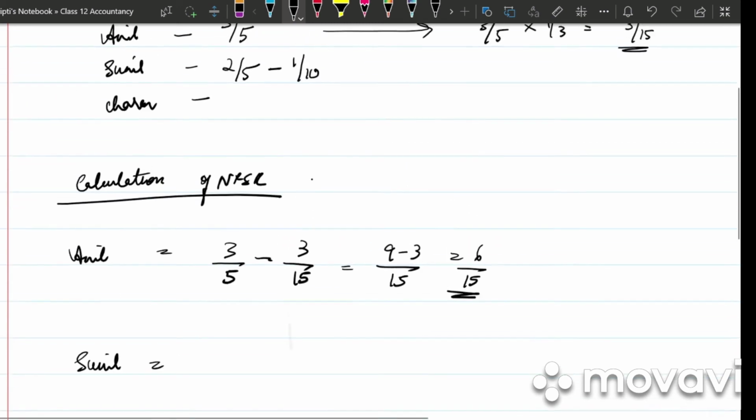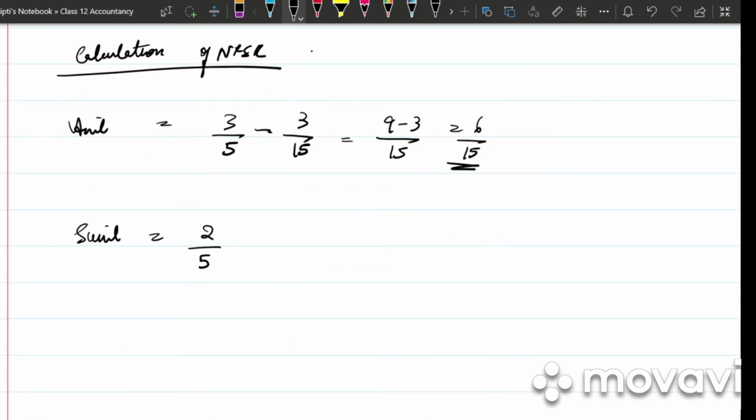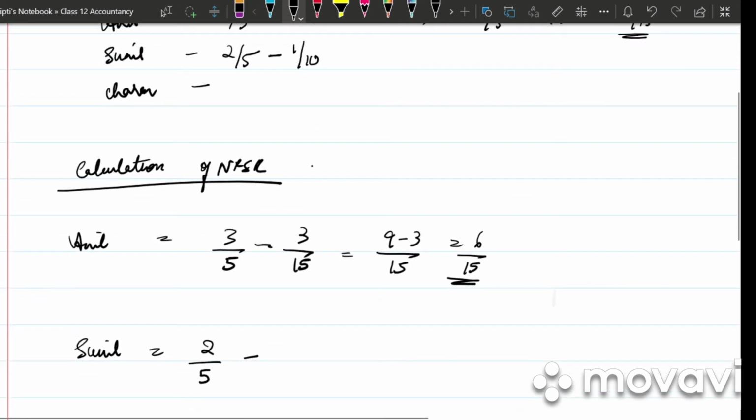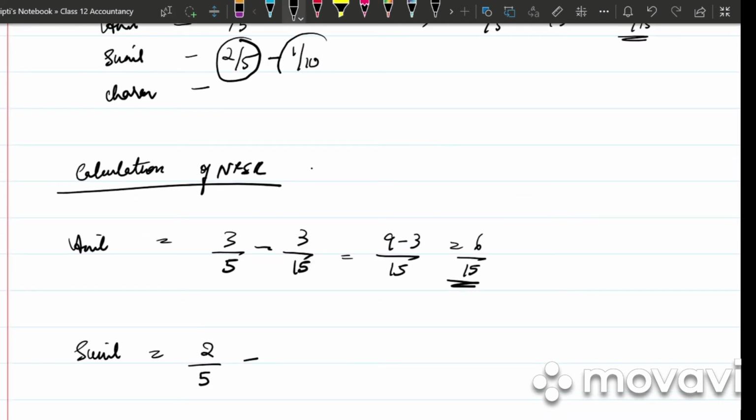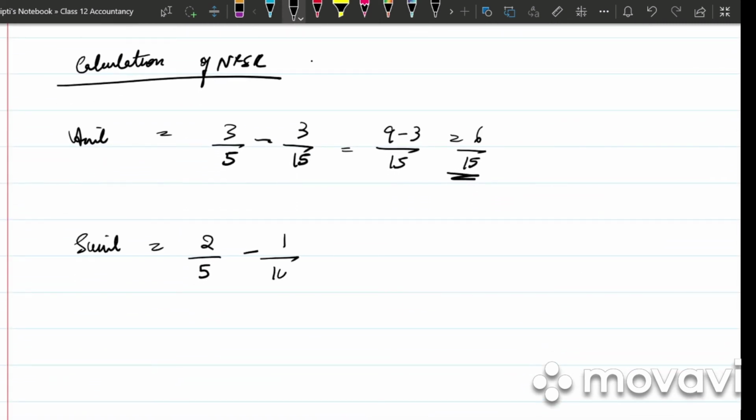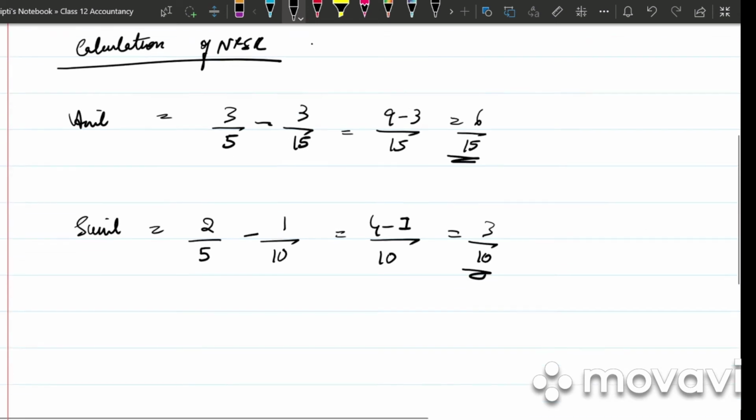In case of Sunil, from 2/5 they have directly given 1/10 share. That 1/10 share is assumed to be his sacrifice ratio, because from 2/5, 1/10 is taken from him. So 2/5 minus 1/10. What is the LCM? 10. 4 minus 1, that is 3 divided by 10.